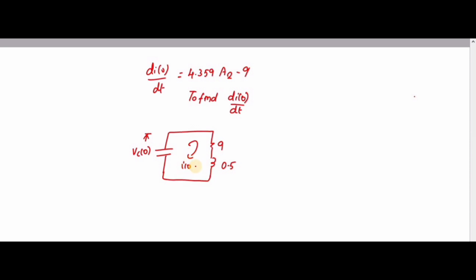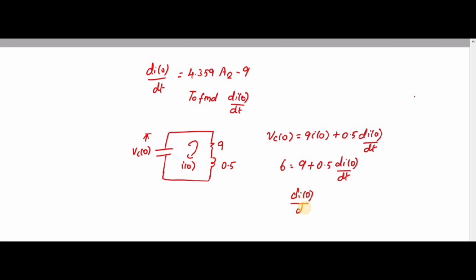Here i of t is common, so I can write Vc of 0 is equal to 9 into i of 0 plus L di of 0 by dt, where L is 0.5. Vc of 0 is 6, and i of 0 is 1. From this I need to find di of 0 by dt, which is minus 3 into 2, that is minus 6. So you substitute in this formula.